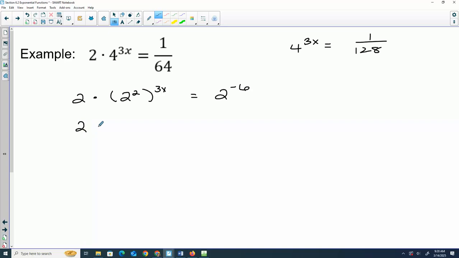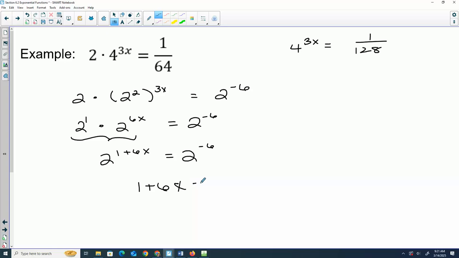When it's set up like this, these exponents, power to a power, you multiply. What's the exponent on this 2? So when you multiply these together, you add the exponents. So it's 1 plus 6x. So now if you set your exponents equal, 1 plus 6x equals -6.